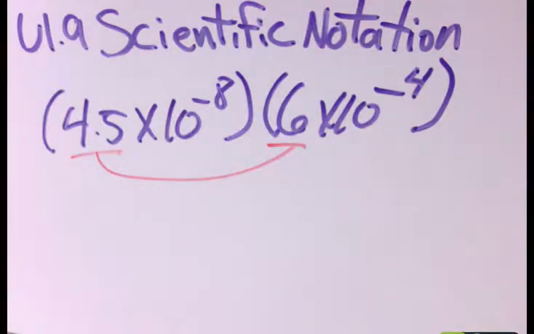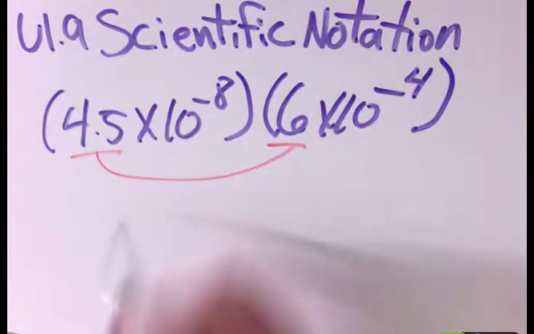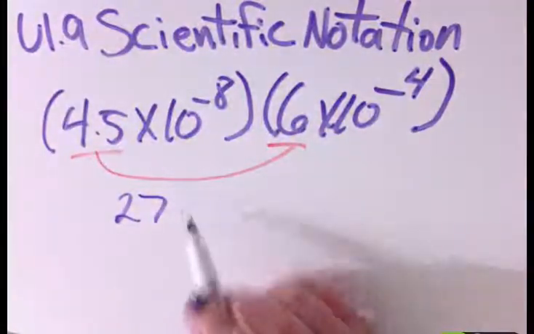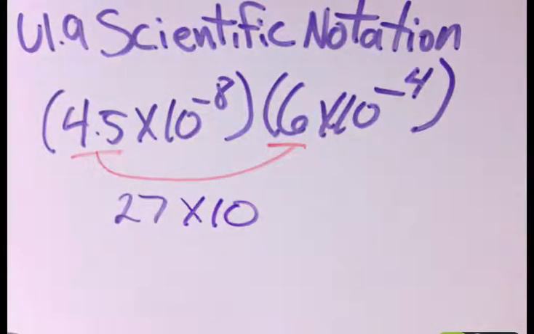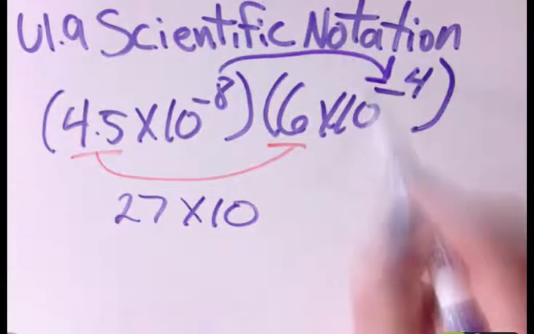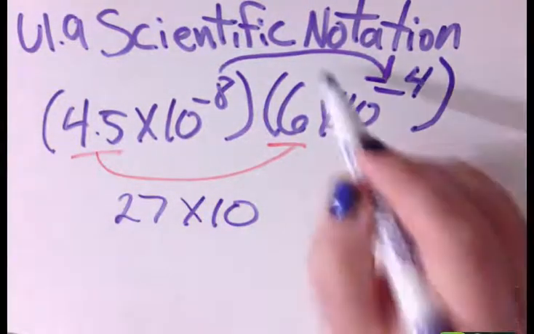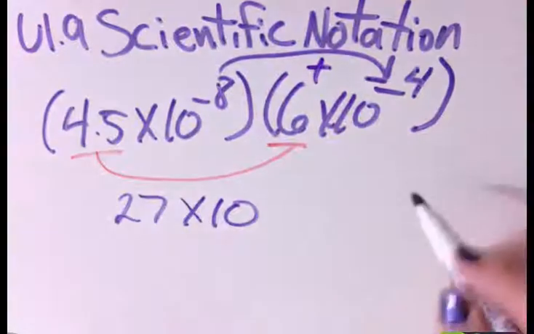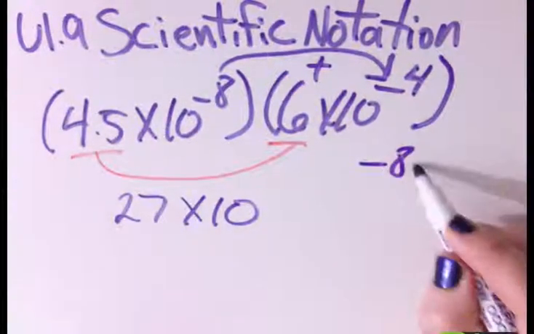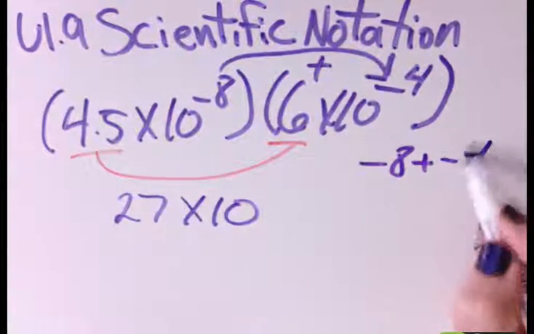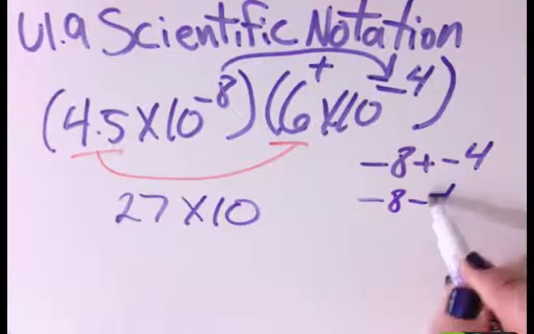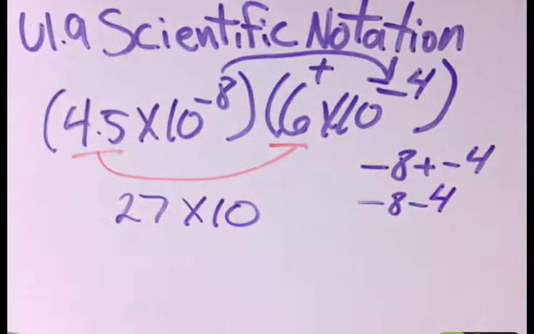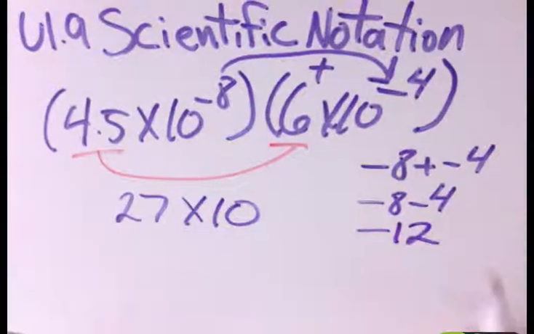We get 27. And then with our exponents, so instead of subtracting like we did when we divide, we are going to add them. So we have -8 plus a -4. So that's like saying -8 minus 4. That gives us a -12.